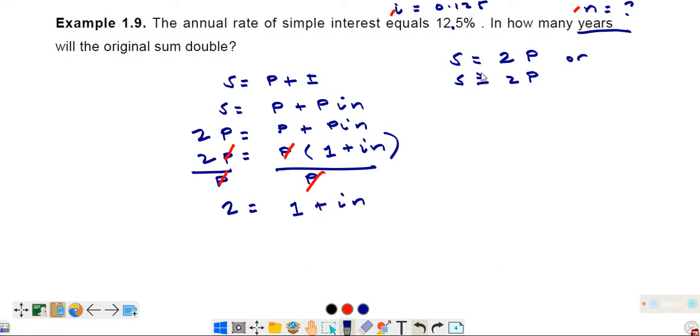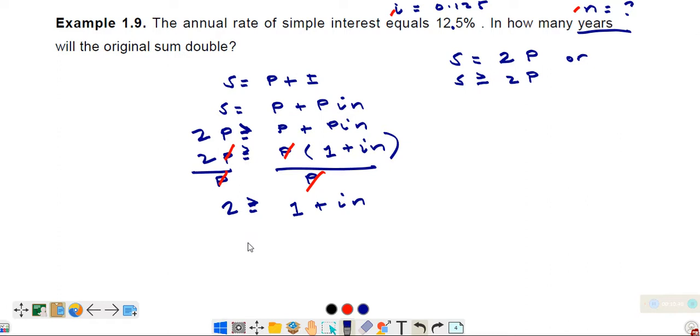Sabi ko nga, greater than or equal, pwede rin. So, dito pa lang palitan ko na siya para hindi kayo nako-confuse in the end. Ayan. So, greater than or equal.